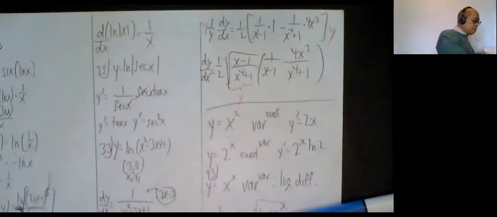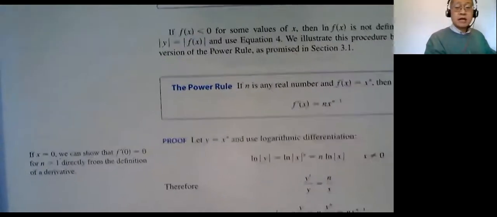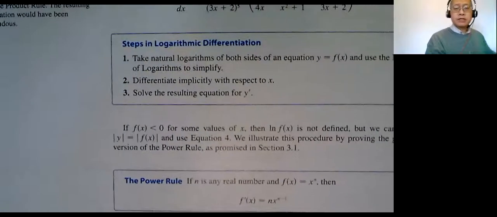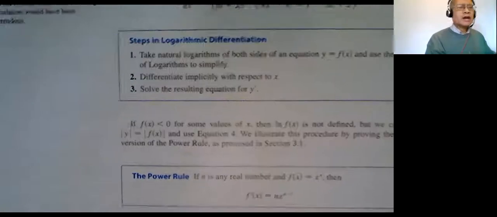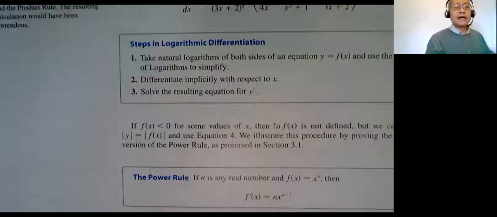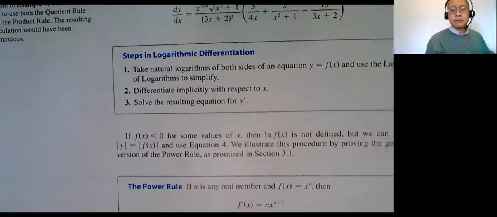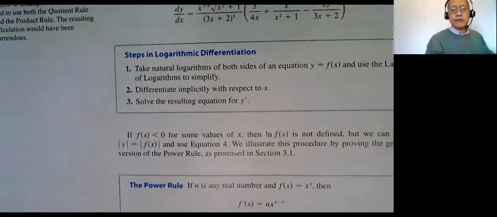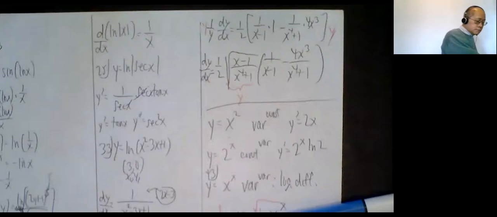Okay. That was part 3, which says solve the resulting equation for y prime. Basically, you just multiply both sides by y. It's always going to be that way. Hopefully this will become more evident as we do more and more problems.